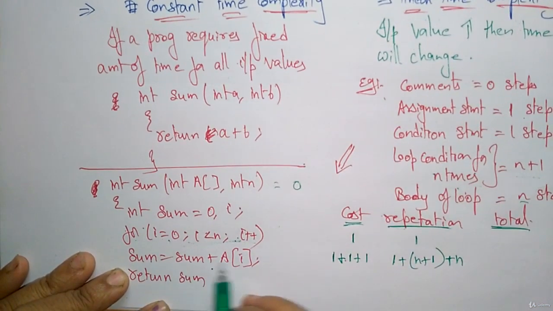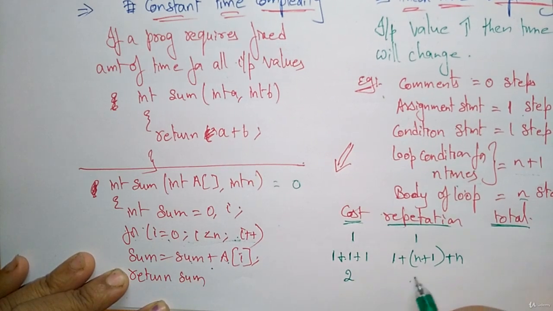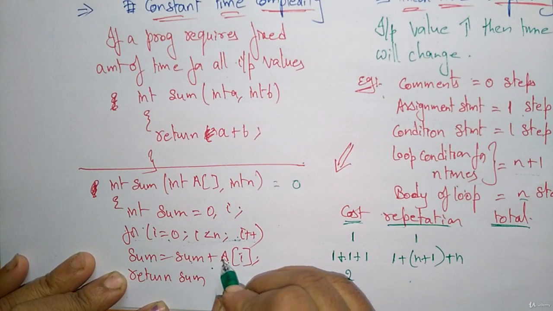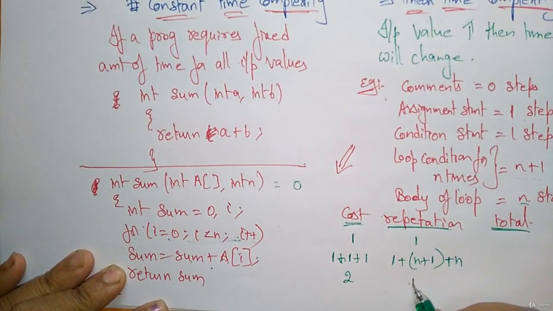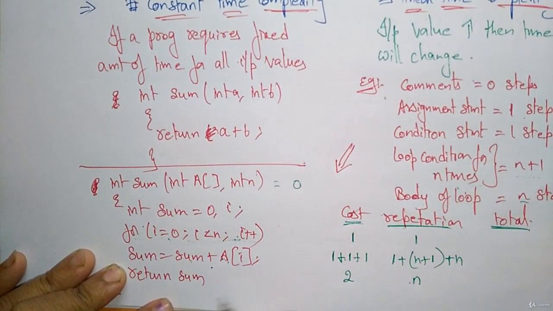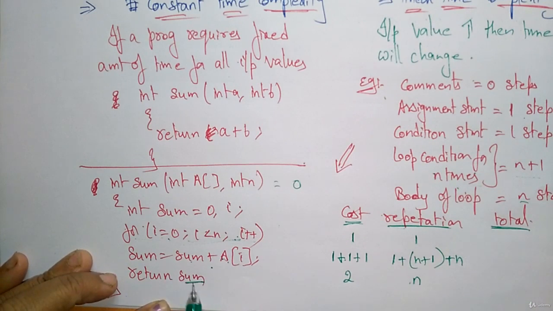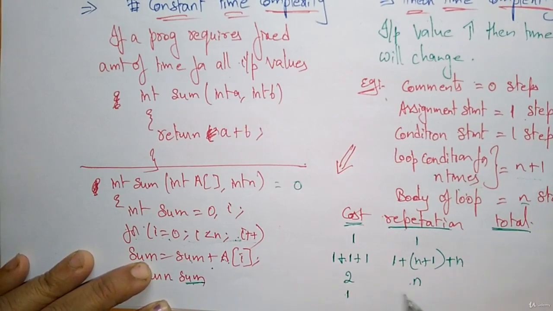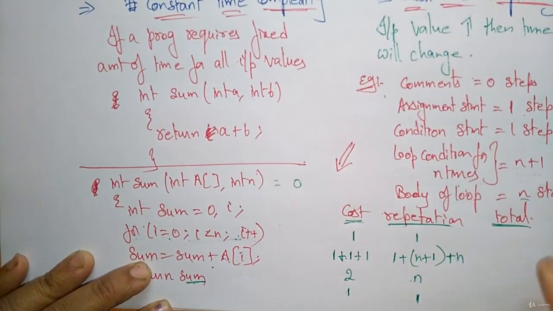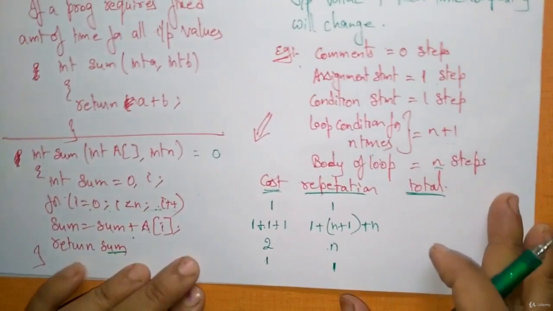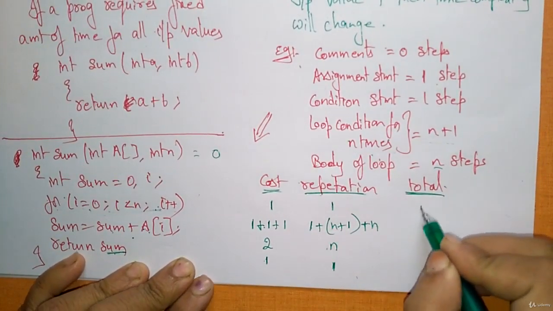Now coming to this, here the assignment operation for the sum value is for 2, and it enters the body of the loop already, so the repetition value is n. And for return sum, this is variable declaration, meaning you are getting the answer. The cost for this is 1 and the repetition here is also 1. Now see the total, 1 into 1.